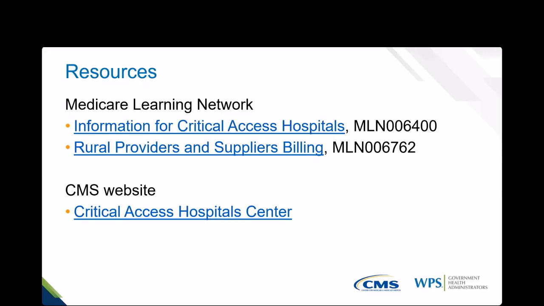And it's interesting because it's color-coded by provider type to help you find specific billing information for your provider type. The last resource that we're showing here is a link to the Critical Access Hospital Center on the CMS website. This will be updated with pertinent information or reminders or updates for critical access hospitals, but also serves as a jumping off point for other things related to critical access hospitals.